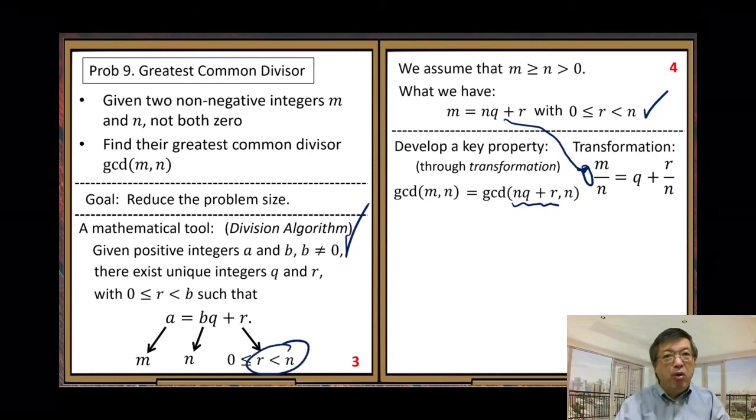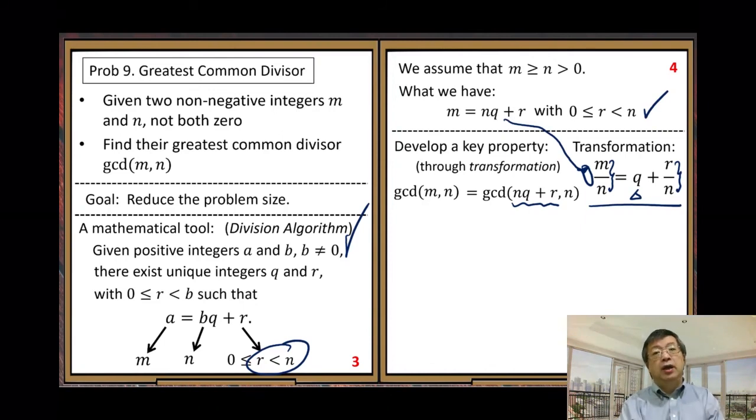And here, another important thing we want to see from this new equality: can you see that the greatest common divisor of m and n equals the greatest common divisor of r and n? Because the integer part does not impact the greatest common divisor of the numerator and the denominator. Integer part, no impact.